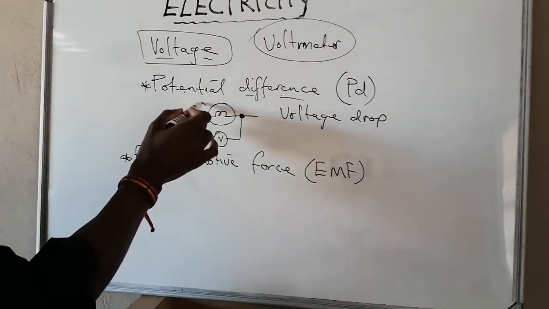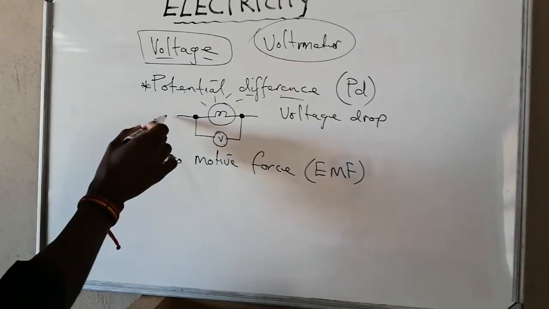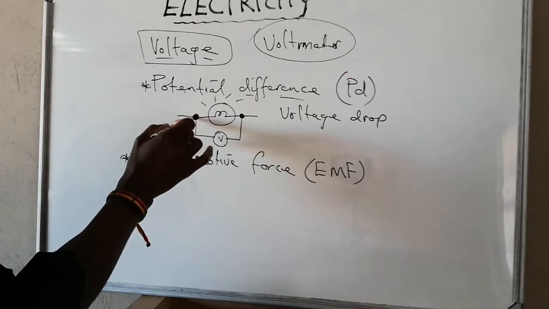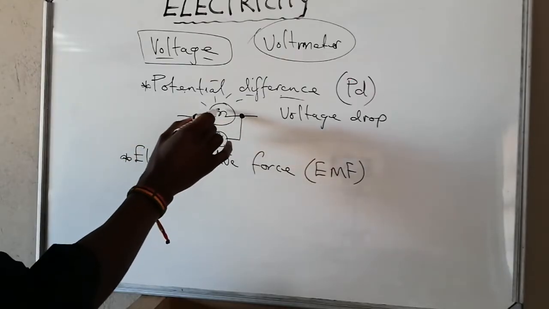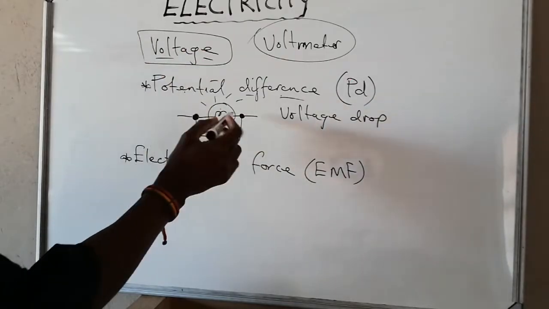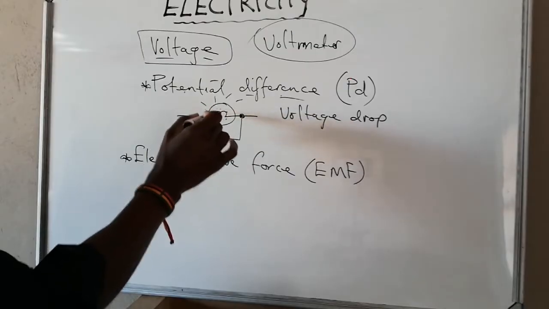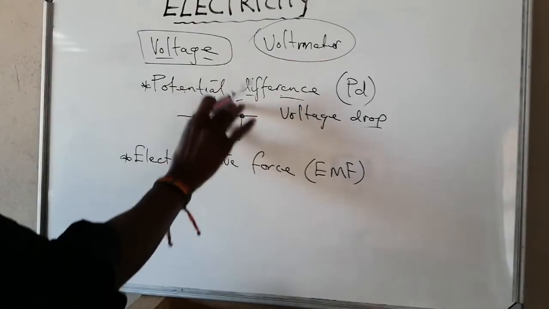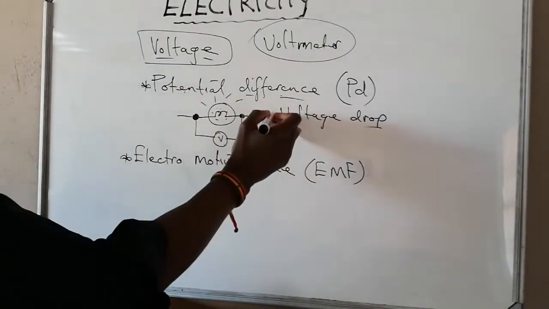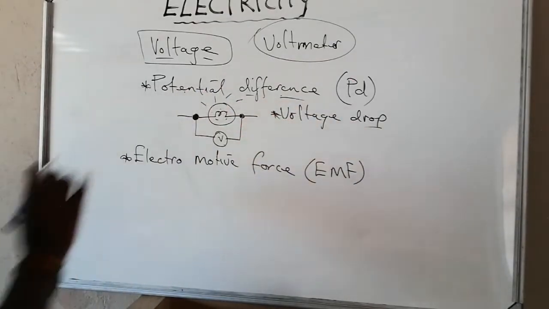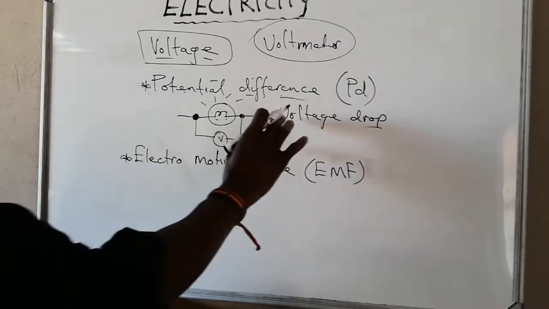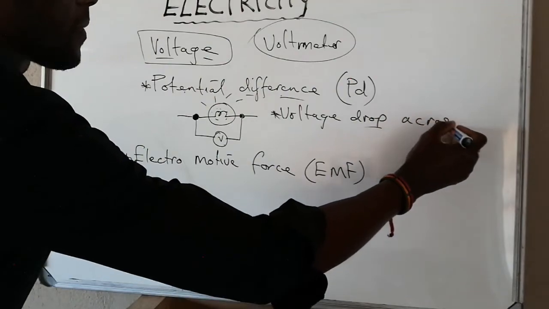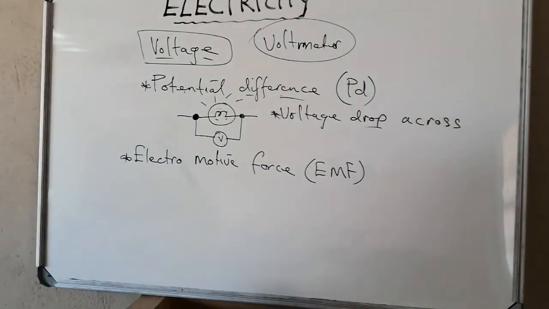If this light bulb is using up electricity, voltage is coming at a certain amount of influence, this light bulb uses it, it decreases that voltage. How much the light bulb is taking up, the amount of voltage it is using up as it is connected in the circuit, that is the potential difference across that component. So potential difference is the voltage drop across an electrical component. I hope it makes sense.